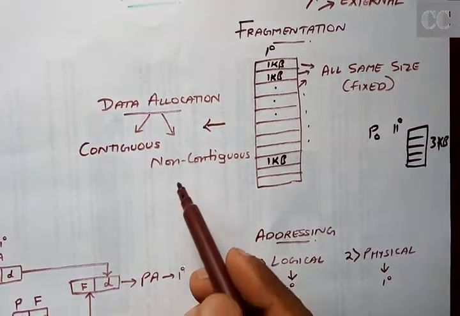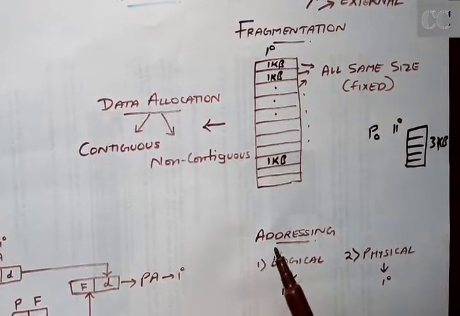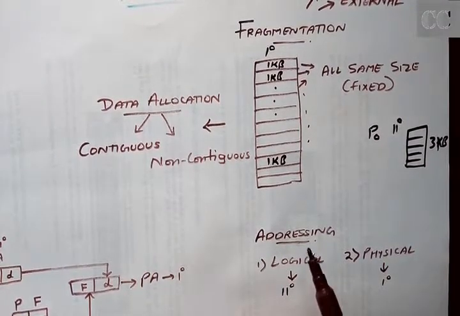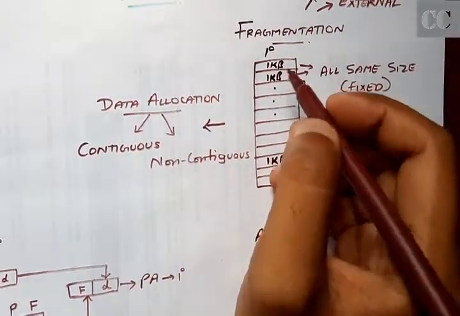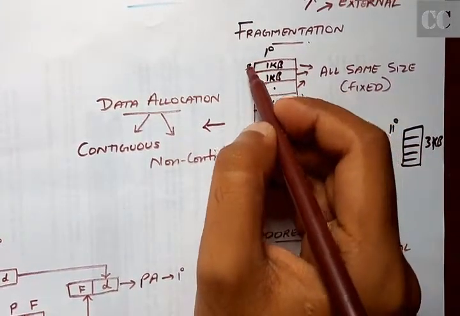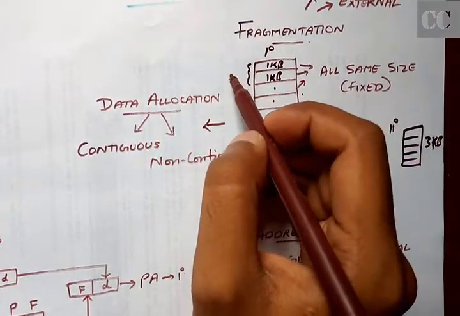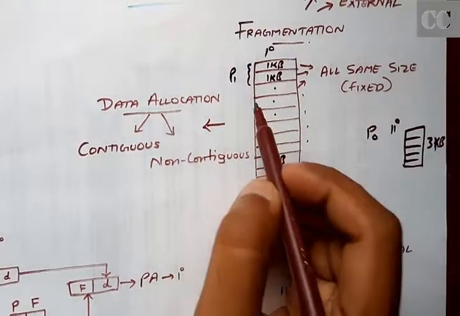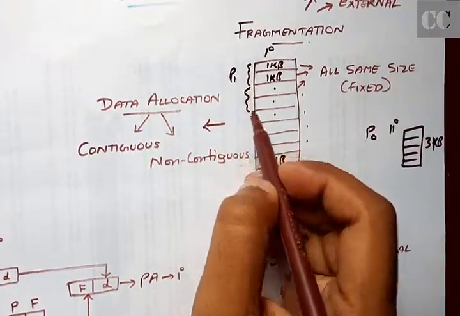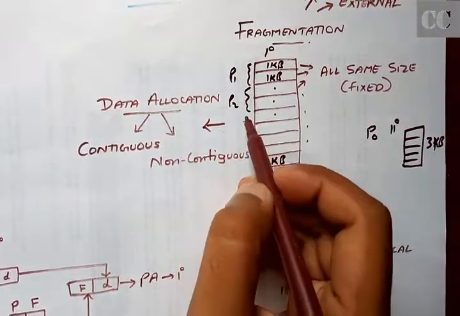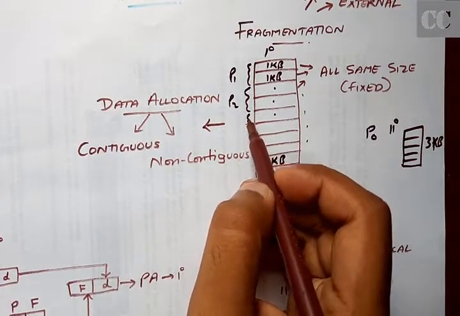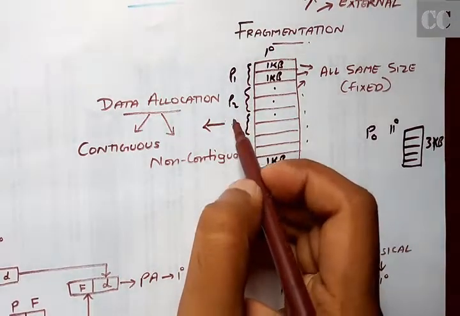In the case of non-contiguous allocation, let's say at present we have these two slots being used by some other process P1, these two slots by another process P2, and these two slots by P3.